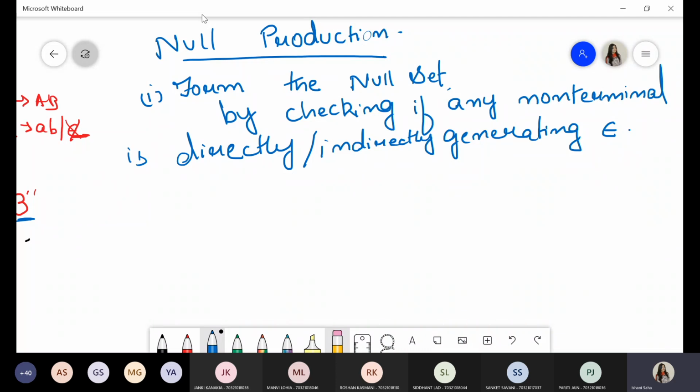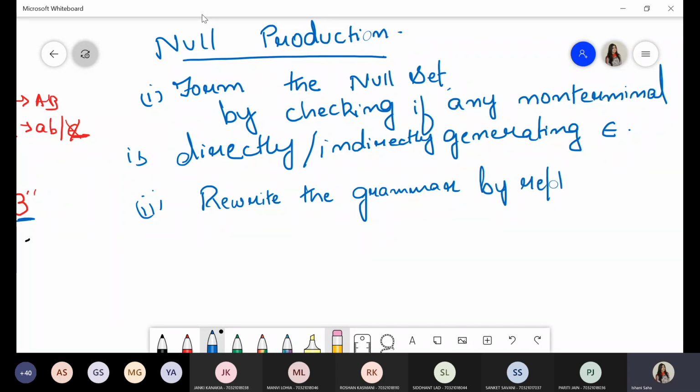And then the next step is to rewrite the whole grammar by replacing null set variables with and without epsilon.